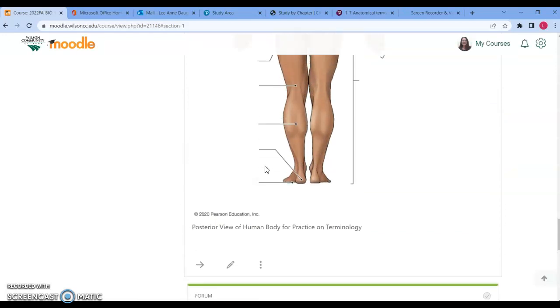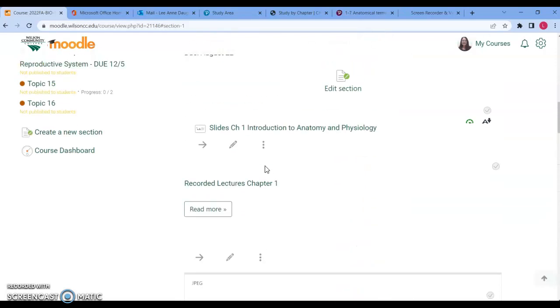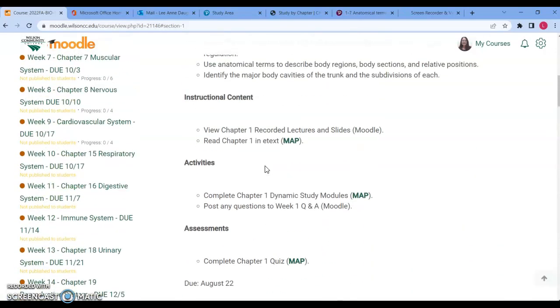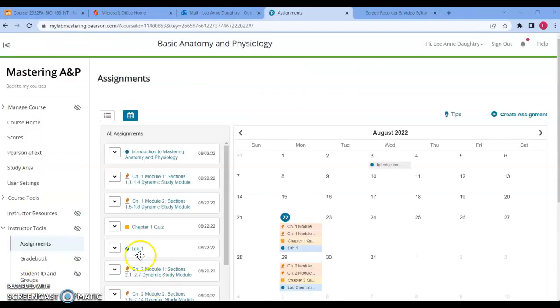Okay, it's not posted here, but on your syllabus, there's also a lab. So I just saw a mistake. In the activities, we should also have that there is a Chapter 1 lab that you need to complete. I apologize, I just wanted to show you on Mastering A&P that there is a Lab 1. So you will need to complete Lab 1 and the Chapter 1 quiz. These are both graded activities that are due by tonight at 11:59.